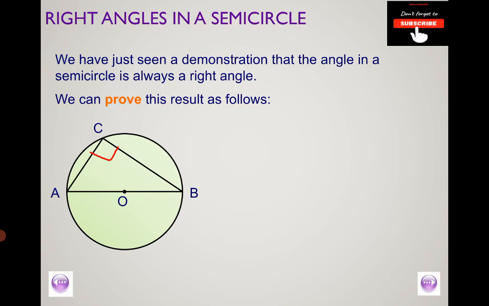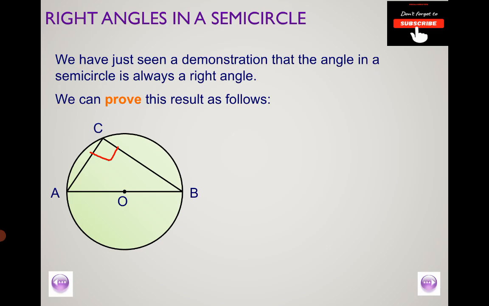We can have a formal proof to show that indeed the angle ACB, this angle here, is 90 degrees. How can we show that it's indeed 90 degrees?